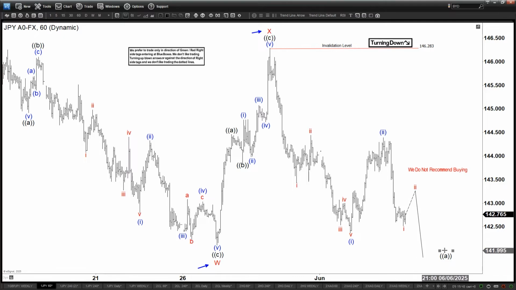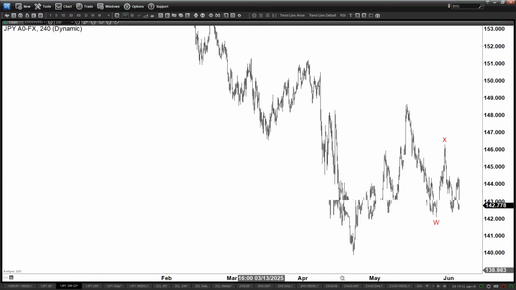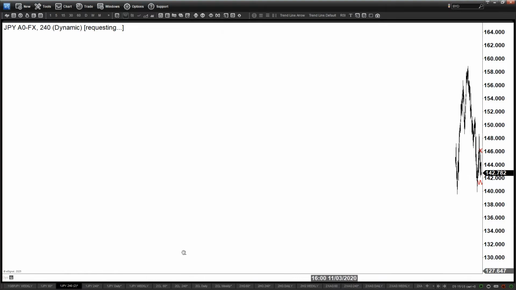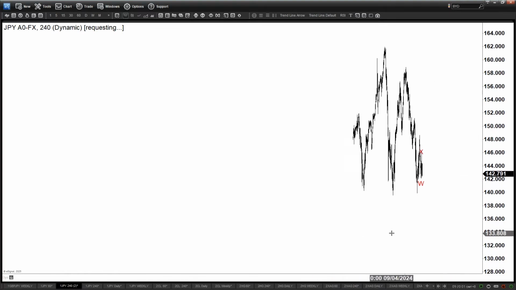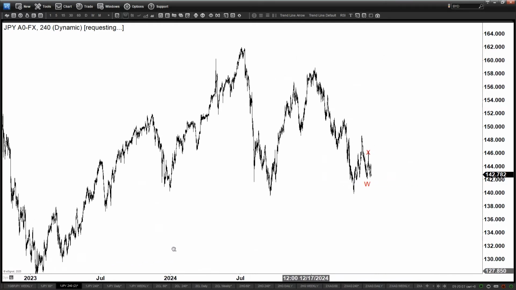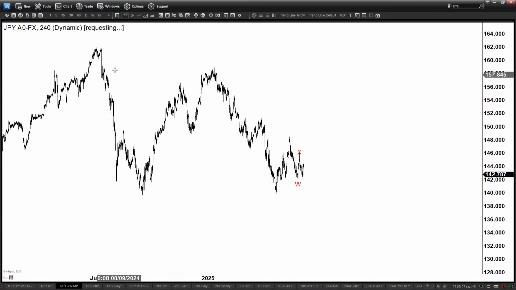If we zoom out to the 4-hour time frame, focusing on the WX, here is our WX. So notice a couple of things first. Let's zoom out all the way. All right, here we go. So you notice here that from this peak back in July 2024, we got a lower low sequence, right?